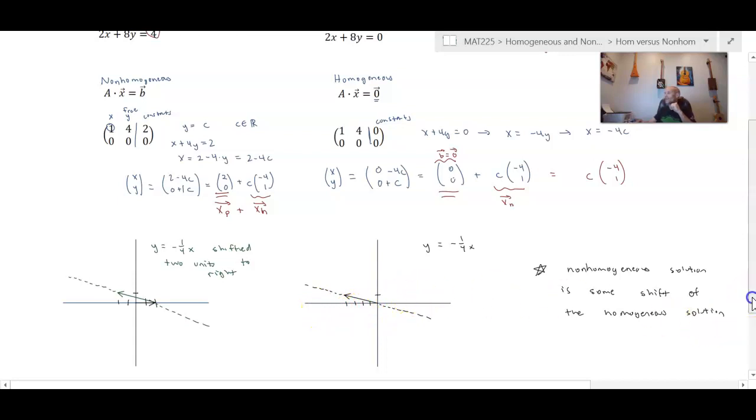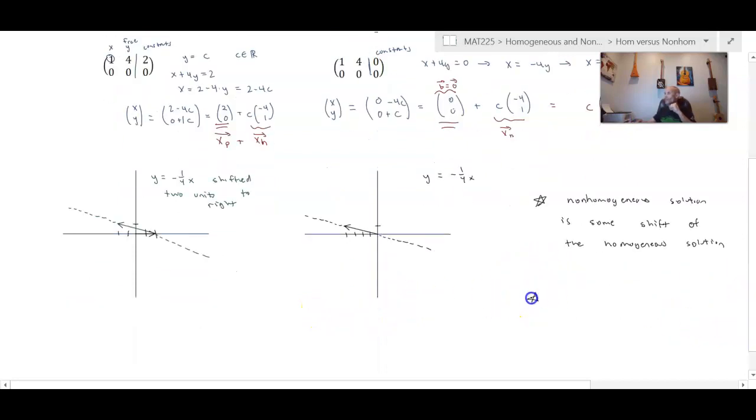And the other key point that I want to illustrate is that for a non-homogeneous system, the solution will be of the form x is equal to some particular solution, this will be constants, plus some homogeneous solution, and this will contain our parameters.